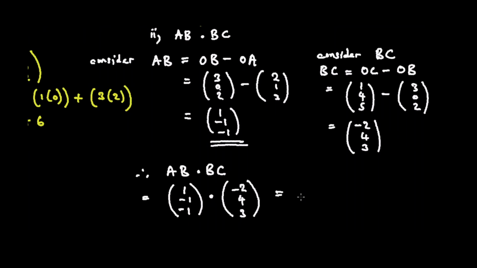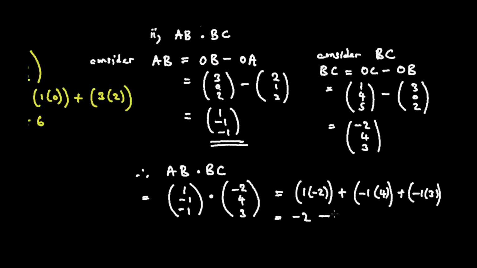So this is going to be equal to 1 multiplying minus 2 plus minus 1 multiplying 4 plus minus 1 multiplying 3. So this is 1 times minus 2 into minus 2, minus 1 times 4 into minus 4, then plus minus 4, then panapa minus 1 times 3 into minus 3, plus minus 3.